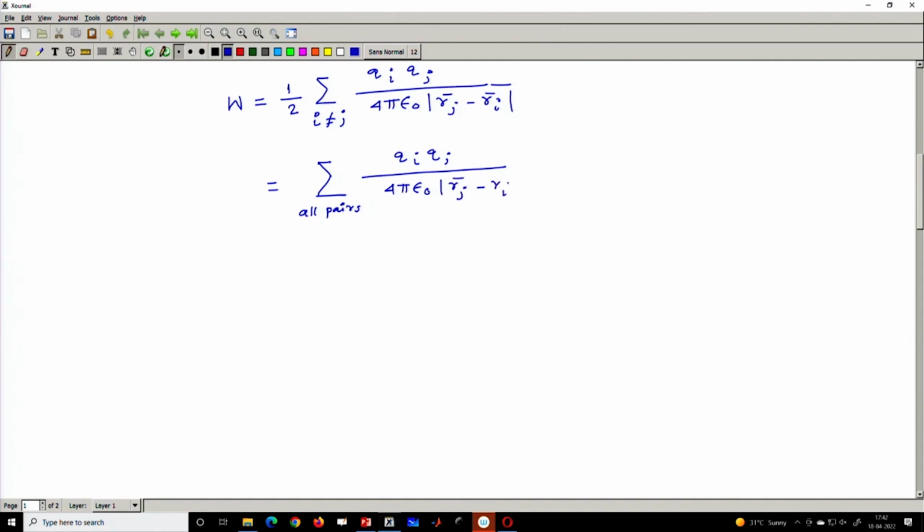When I write all pairs, I take Q1 Q2 as a pair, so I calculate this quantity once, not Q2 Q1.